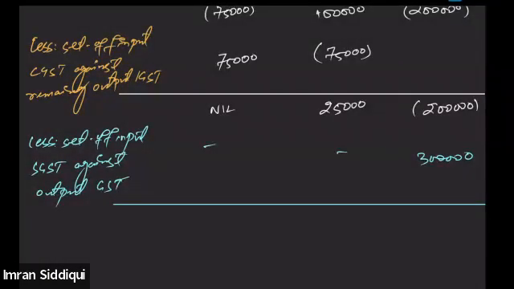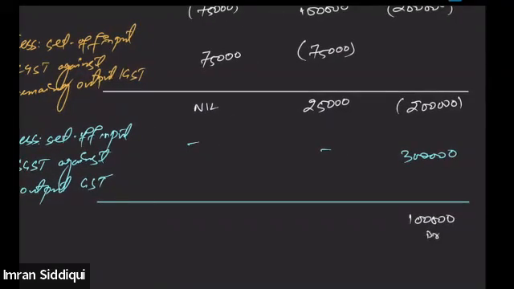And that is why we will get the positive balance of 1 lakh under the output SGST, debit balance, and 25,000 debit balance under the output CGST as well. That means this is receivable, and we have got the positive balance under the output SGST as well. So this also indicates a receivable amount.